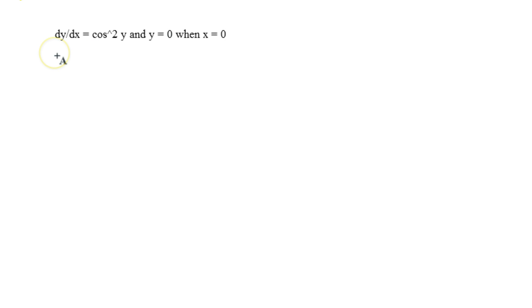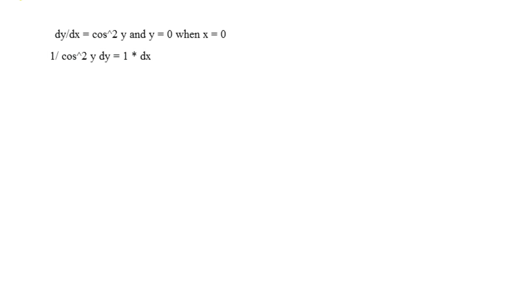So I work everything out, and this should be 1 over cosine squared of y dy equals 1. I'm going to put the 1 here. Technically it's not there, but it's 1 times dx.